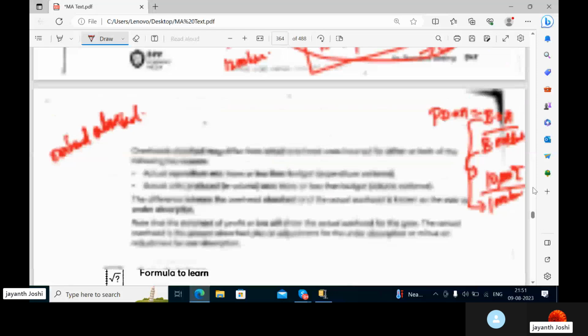Your actual activity into the predetermined overhead absorption rate, which is $5. So 24,000 into 5 is 1,20,000, right or wrong? So how much is your overhead absorbed more than actual overhead? 3,000. So over absorption. We'll check the answer.